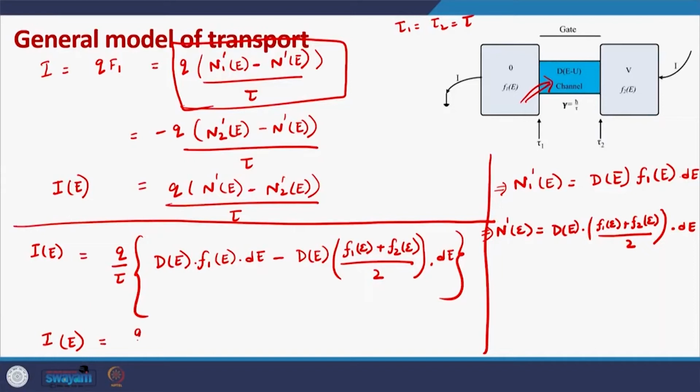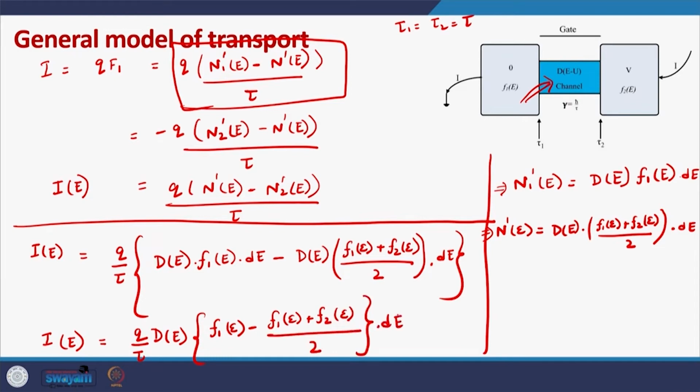we can take dE outside. In the bracket, we will be left with F1(E) minus (F1(E) + F2(E))/2. Okay.